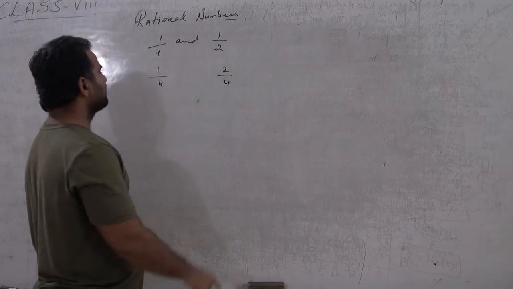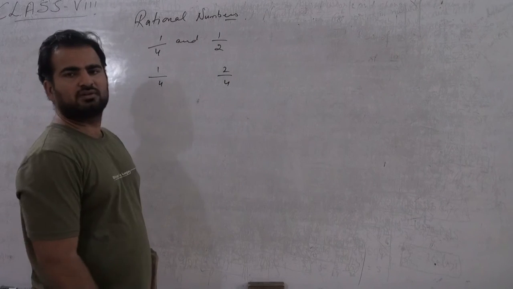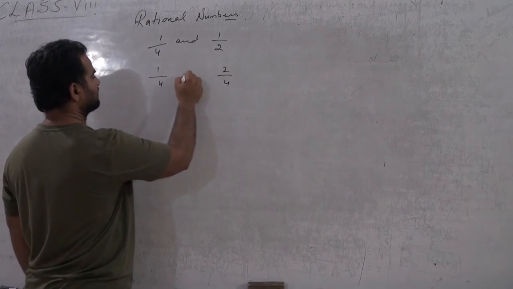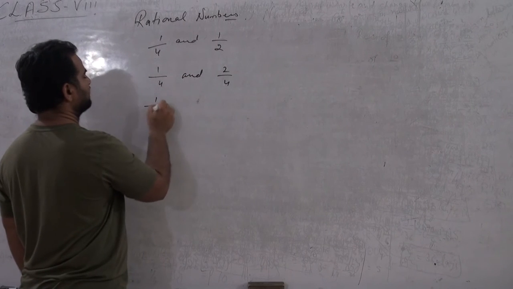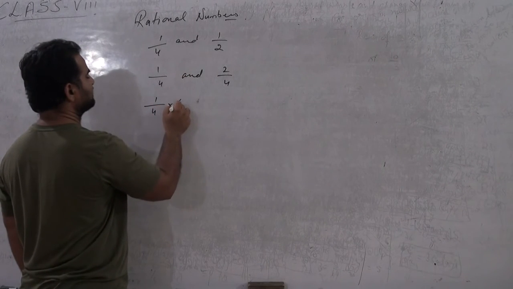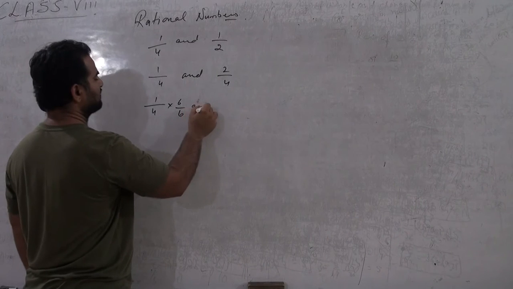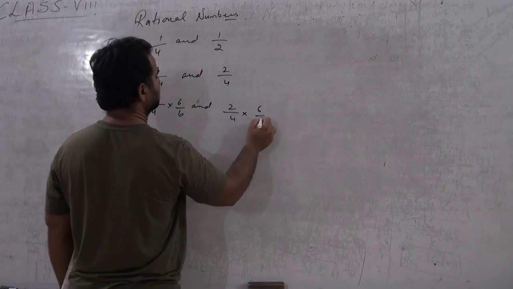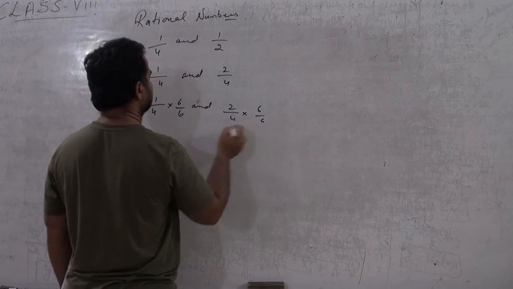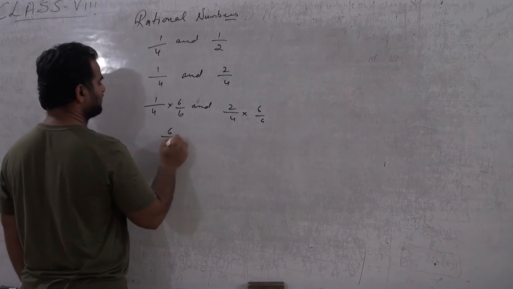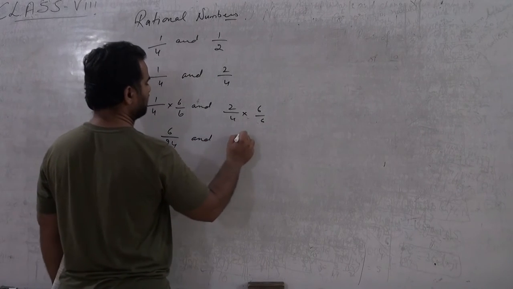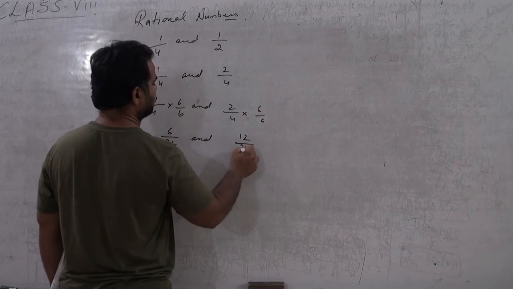How many do we have to find? 5. So multiply both of them by 6 upon 6. So it will be 1 upon 4 multiplied by 6 upon 6 and 2 upon 4 multiplied by 6 upon 6. So it will be 6 upon 24 and 12 by 24.